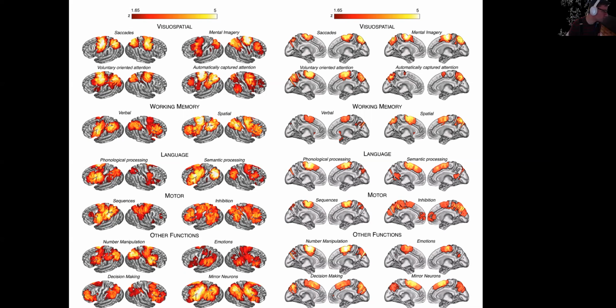So, instead of segregating them, we tried to identify the main components, the main ingredients of similarity across those functions, and to decipher the mechanisms that would support this similarity.